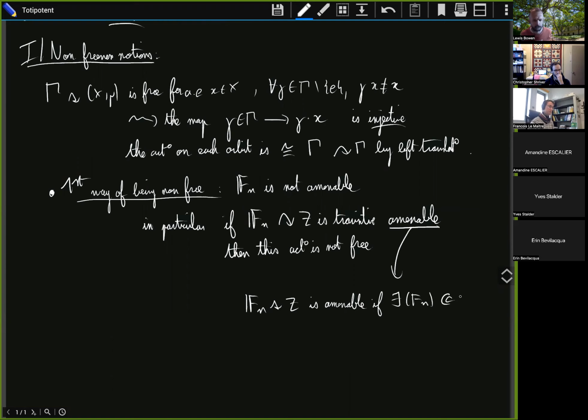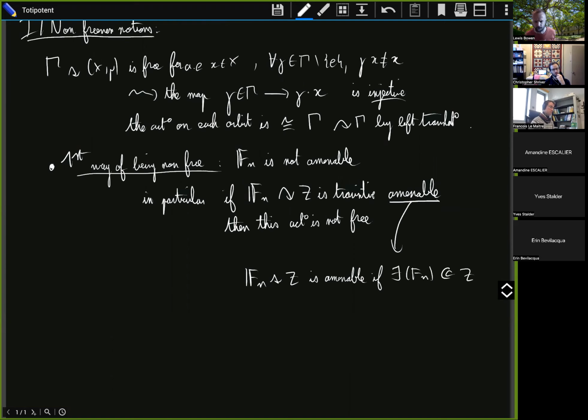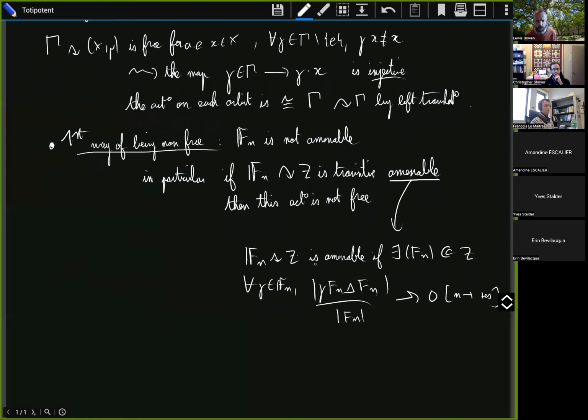You have a sequence of finite subsets of Z such that for every gamma in the free group, the cardinality of gamma Fn symmetric difference Fn, divided by the cardinality of Fn, goes to 0 as n tends to infinity. The natural action of the free group on itself is not amenable because the free group is not amenable. So if you ask that the action on the orbit is amenable, then definitely you cannot have a free action.